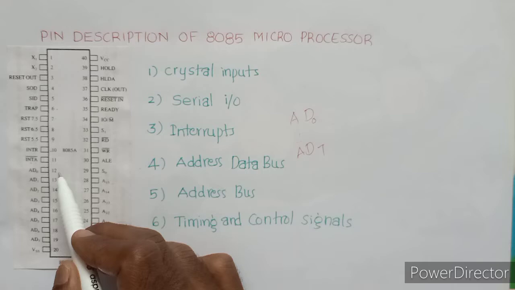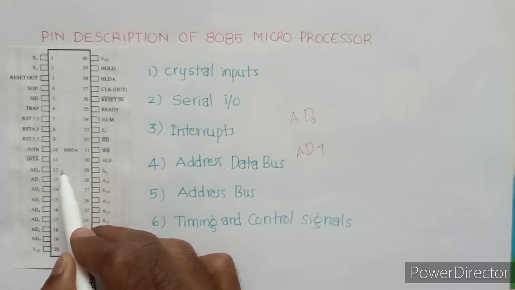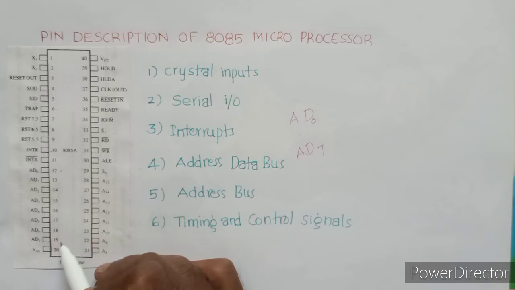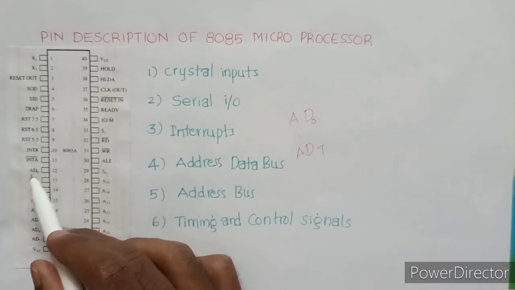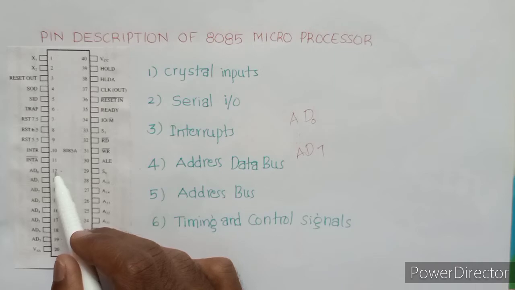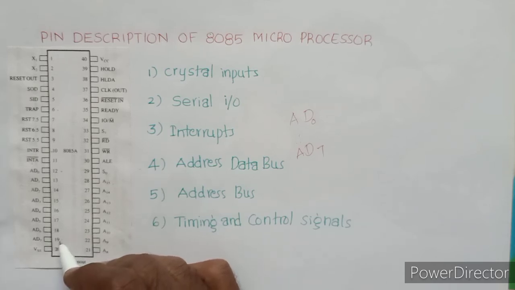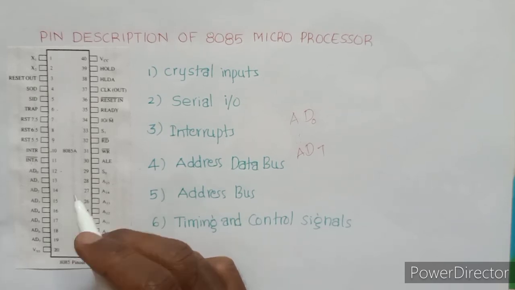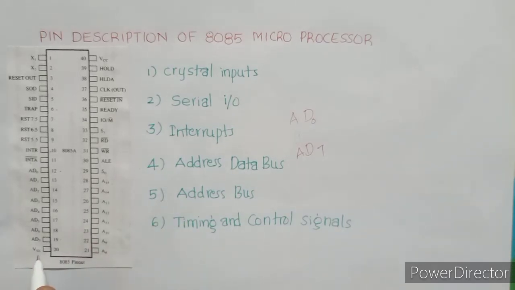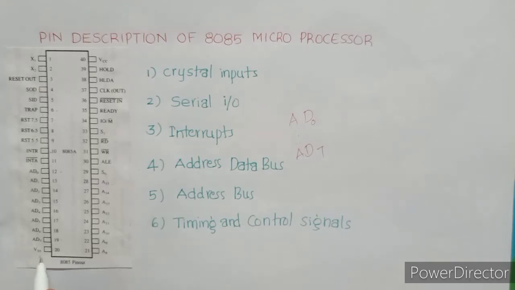AD0 provides the least significant bit, which is D0. AD7 provides the most significant bit, which is D7. Finally, VSS provides the ground point to the chip.